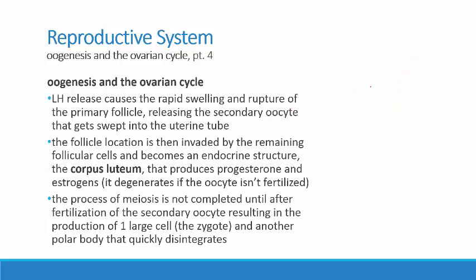So right around day 14, give or take, and this is assuming a 28-day cycle. Not every woman has a 28-day cycle. The cycle could be anywhere from 21 days all the way up to 35 days, and we would still talk about those cycles as being normal.